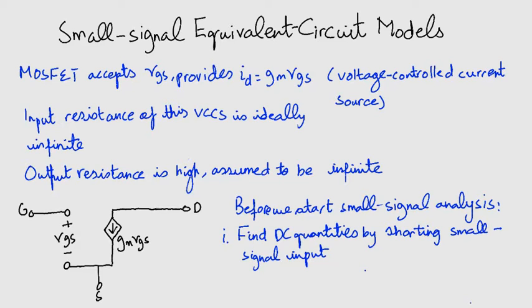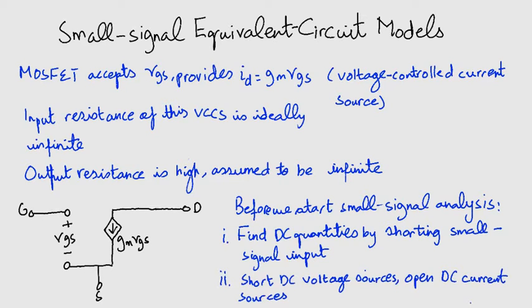Remember what we had studied in one of our previous courses, that the DC and the small signal can be separated. Secondly, you are to short DC voltage sources and open the DC current sources. After that, you replace the MOSFET with the small signal equivalent circuit and perform the analysis as required.